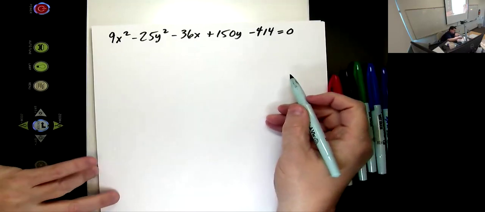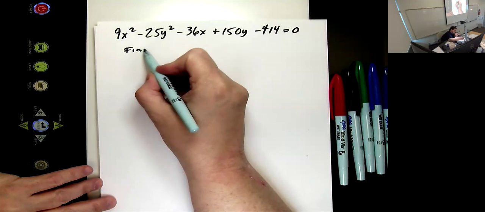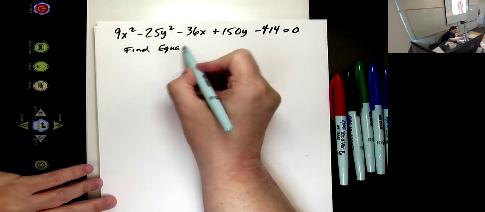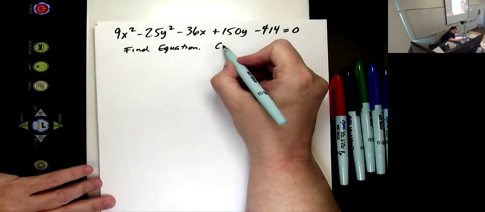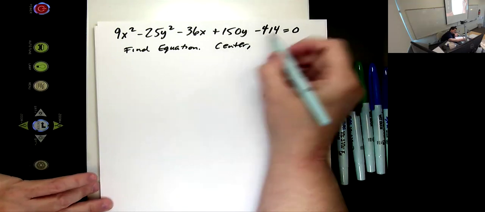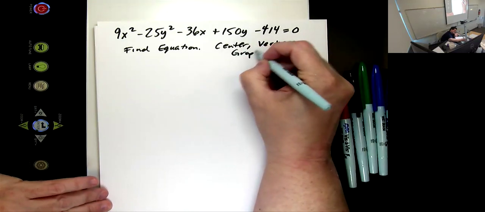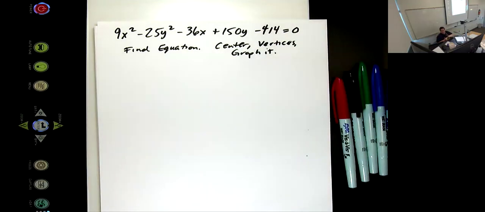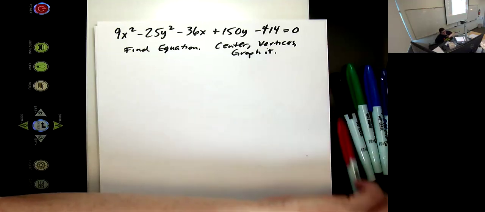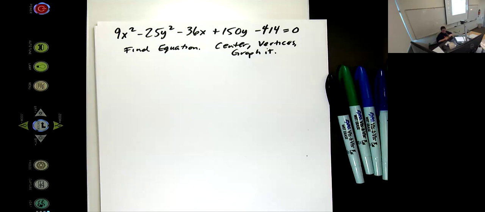So find the equation, find the center, the vertices, and graph it. If you mess up the first step, it's going to make this really hard. So we're going to make sure everyone's got the same first step in about 45 seconds.